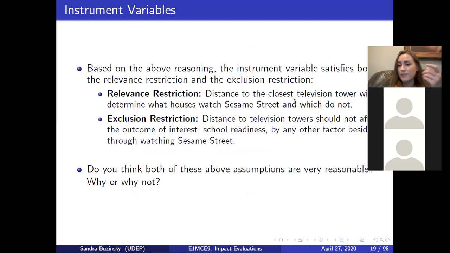So even if it's a small population that will watch Sesame Street, there is a distance relationship there. And then the exclusion restriction says that distance to television towers should not affect the outcome of interest, which is school readiness, by any other factor besides through watching Sesame Street. And we all agree that other things could be affected or be explained by that distance variable.